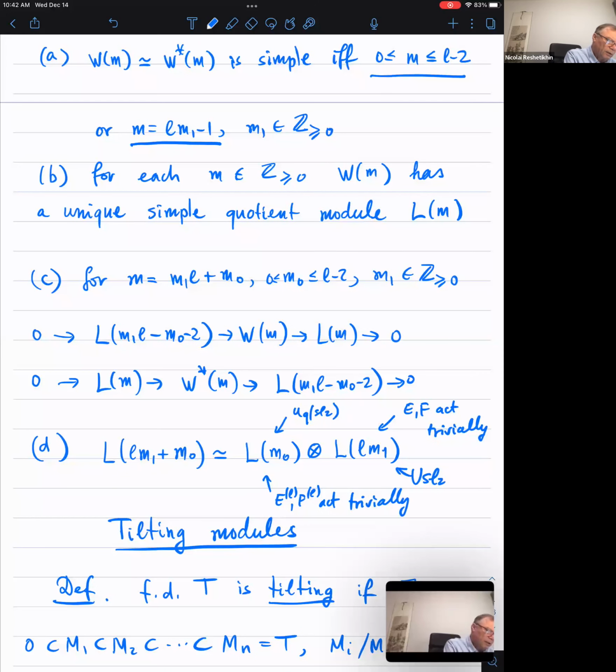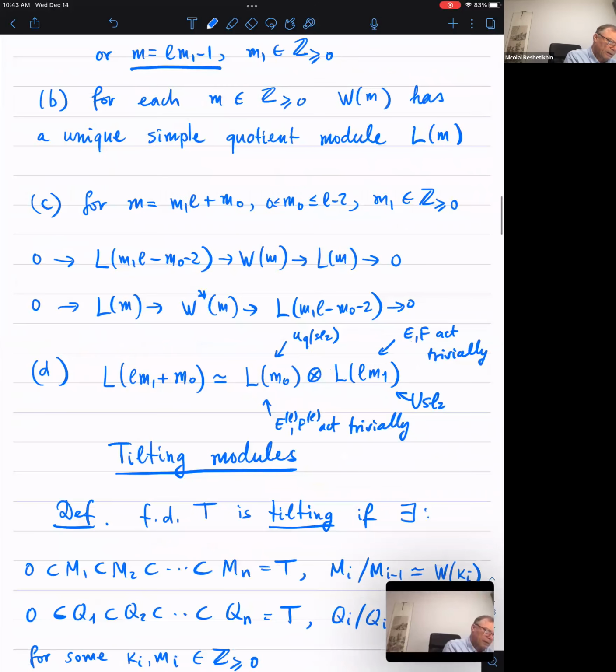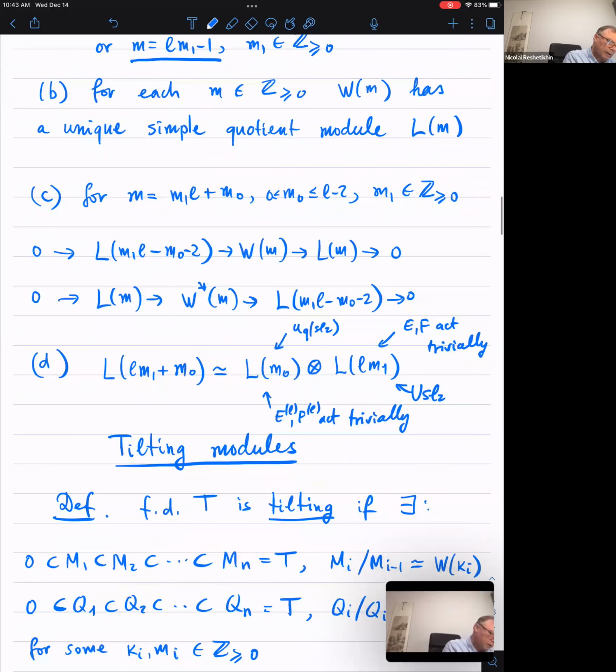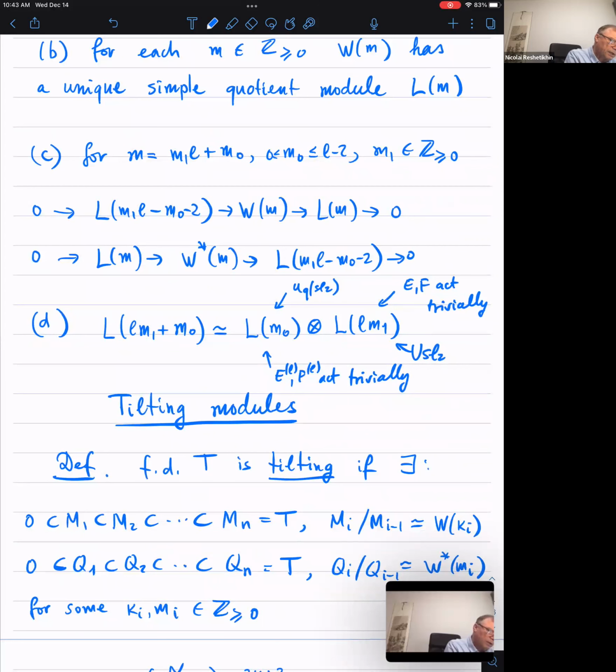So then for each integer M, this Weyl module has a unique simple quotient, module LM. So this is actually a quotient module. This is the short exact sequence that demonstrates this.